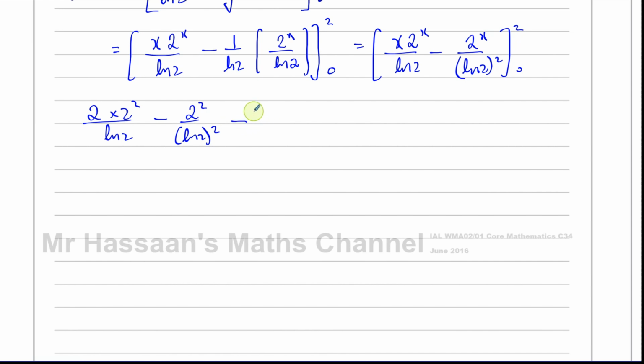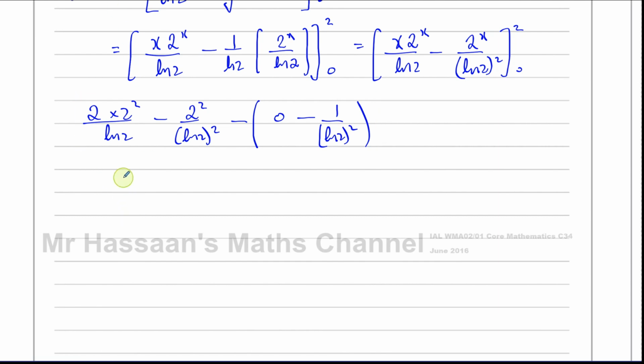Okay, and then you have minus, put 0, this will give you 0, you put 0 in here, and here you'll have minus 2 to the power of 0, which is 1, over ln 2 all squared. So be careful, putting 0 in this doesn't make the whole thing 0, this becomes 1 here, so 1 over ln 2 all squared. Okay, and you have your limits of 2 and, oh, sorry, I put the limits in already, what am I doing?